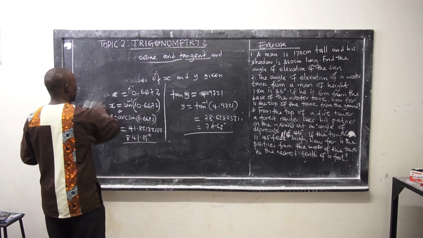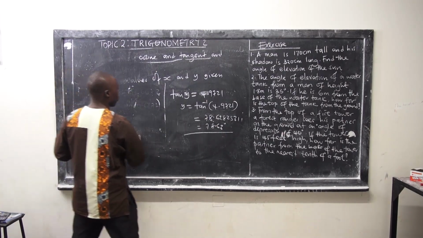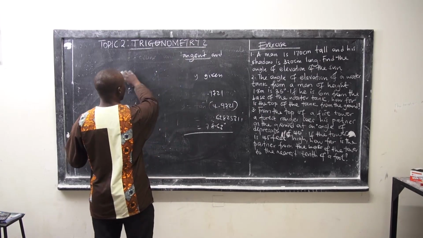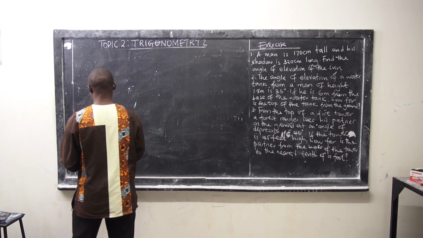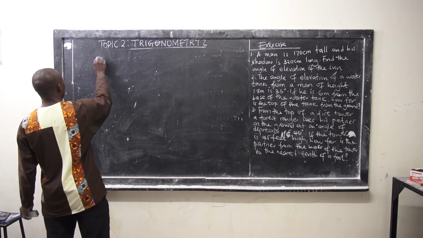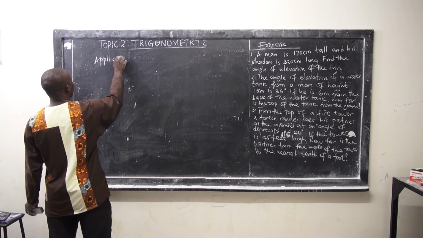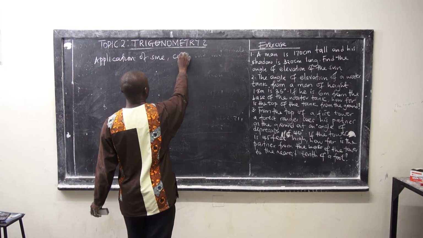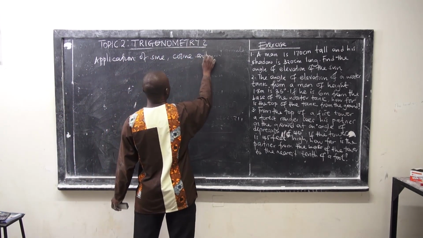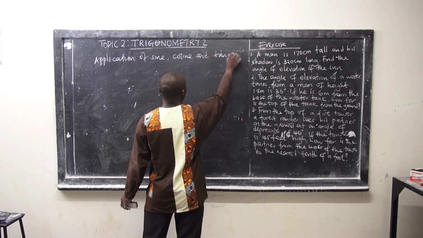Let's dive into the next subtopic, where we are applying sine, cosine, and tangent to find some unknown length in the triangles. So, application of sine, cosine, and tangent.